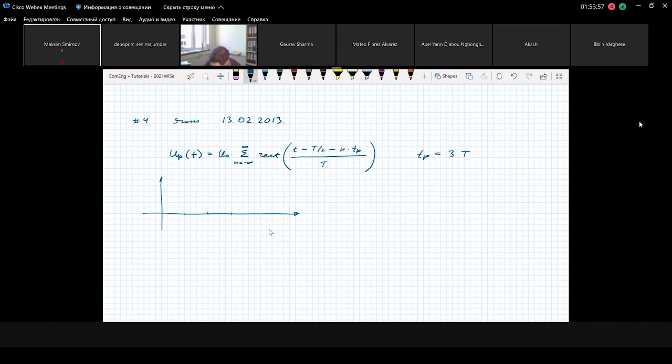So let's say this is our period, 3 capital T, 0, let's say 6 capital T, and so on. We have a rectangular pulse, the first one for n equals 0, centered at capital T over 2.